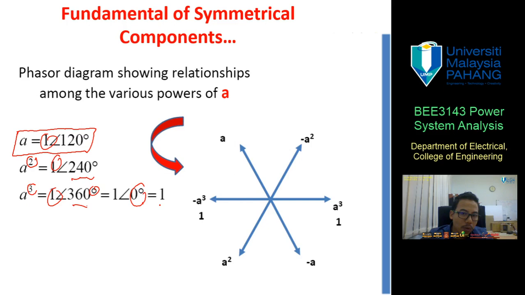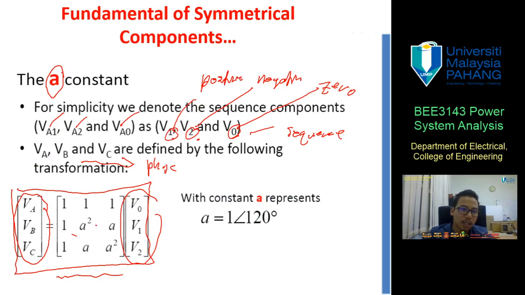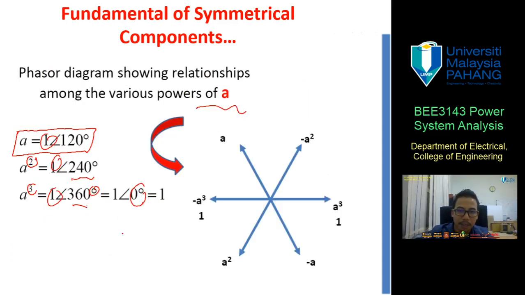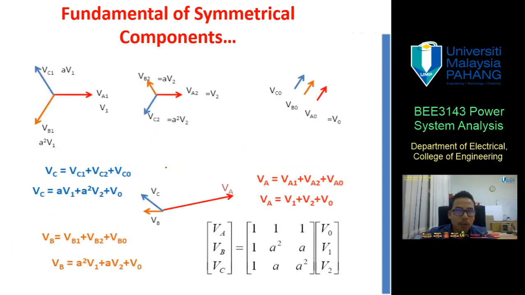For me, you don't have to think too complex. You just assume A equals 120 degrees, A squared is 240, and A cubed is 1 only. And then this equation you need to get used to. It looks complicated, but it's not that much.